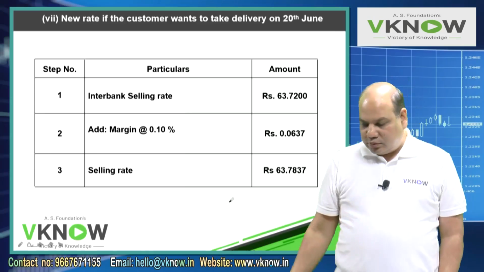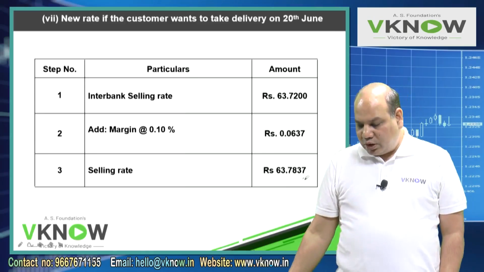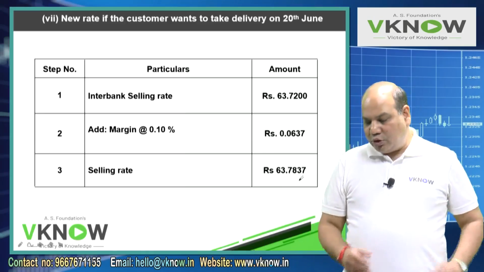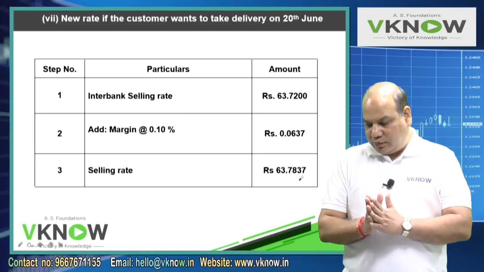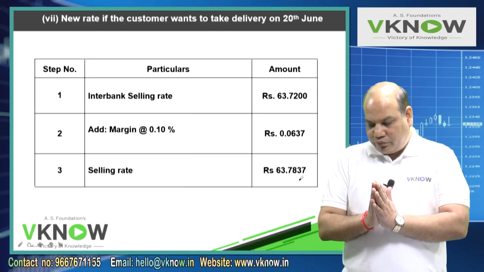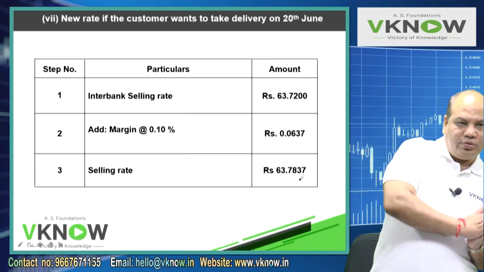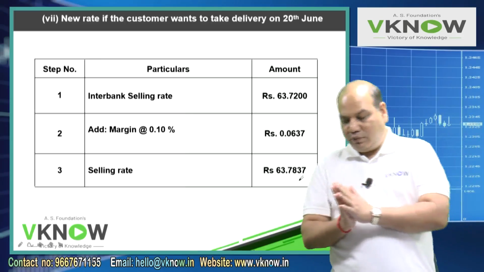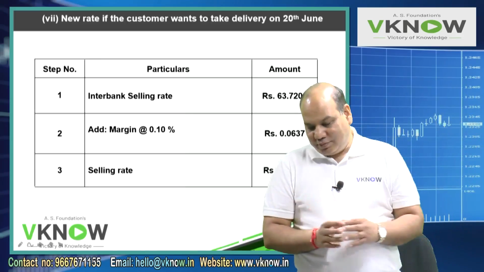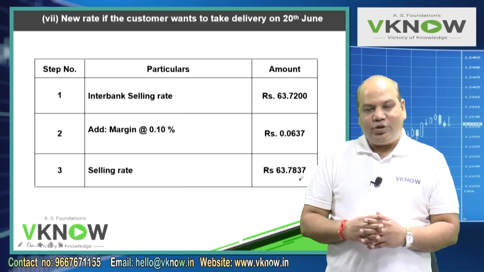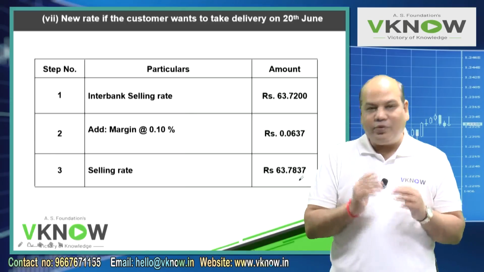63.7837. But it is not in multiple of 25. So I have to round it off to the multiple of 25. 37 can either be 25 if I reduce it, or can be 50 if I increase it. So which side will you tilt?